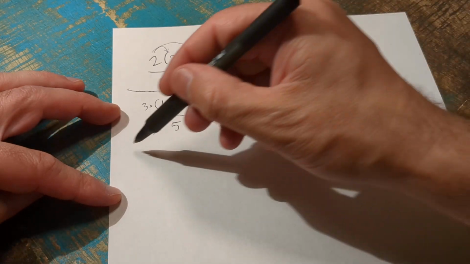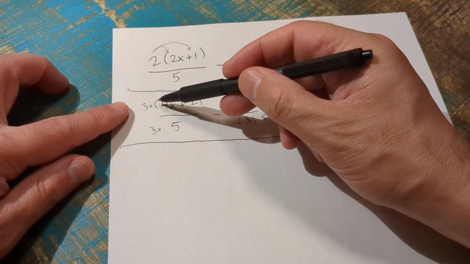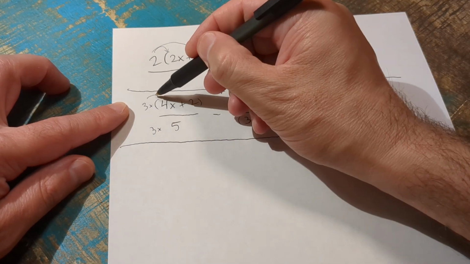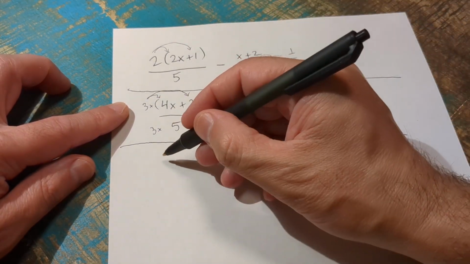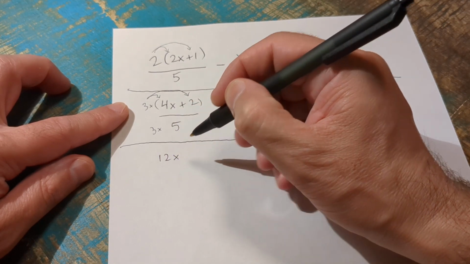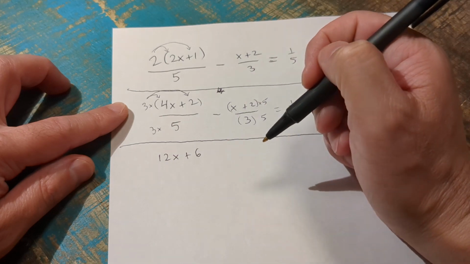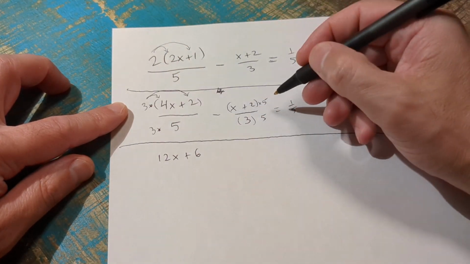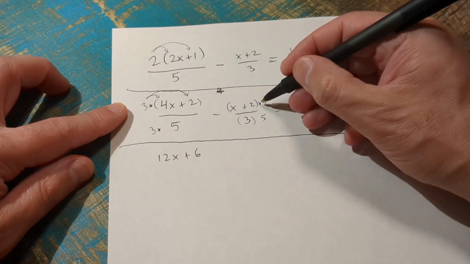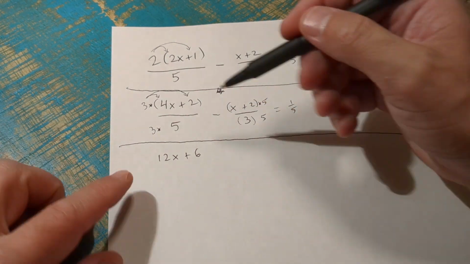And then let's rewrite it again. So I'm going to distribute the 3 into the parentheses. So we have 12x plus 6. Sorry, it's confusing having the multiply and the x, so I use the dot, which means multiply.